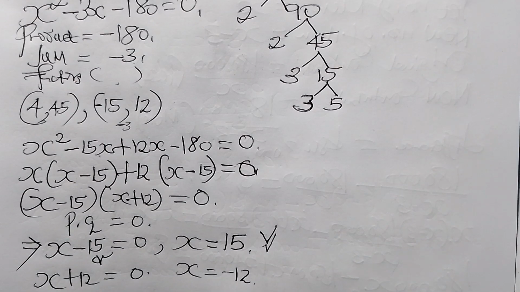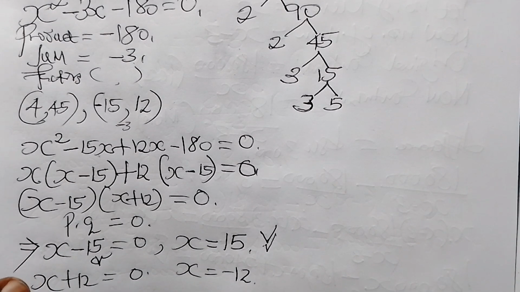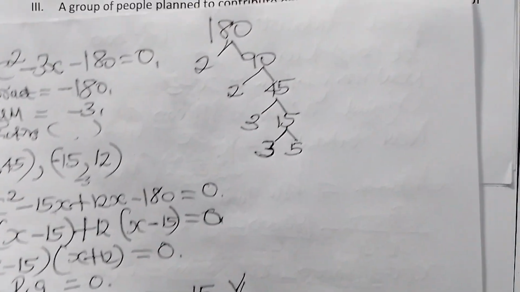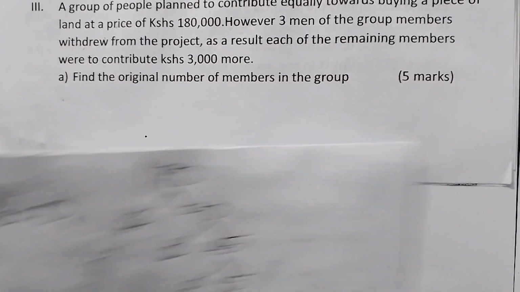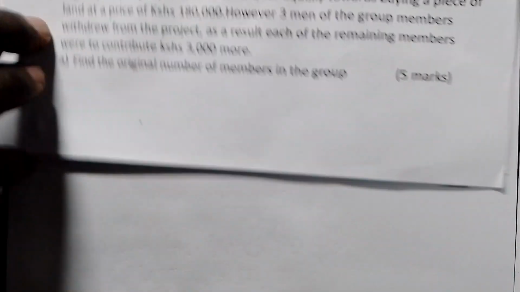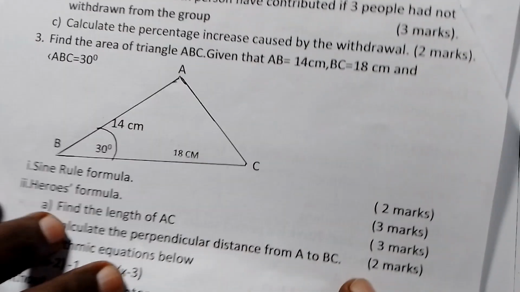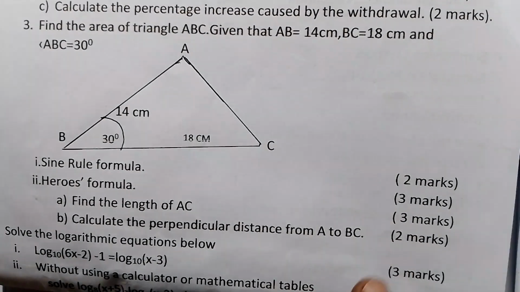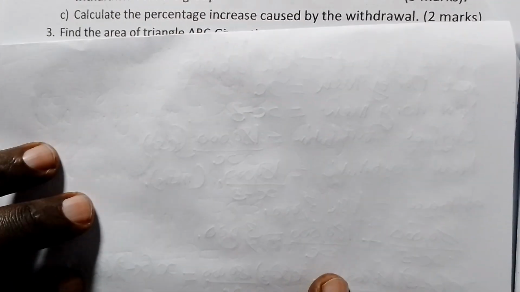So those are the number of members that were there initially in the group. We now go to the next question.